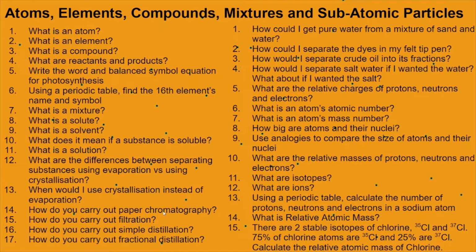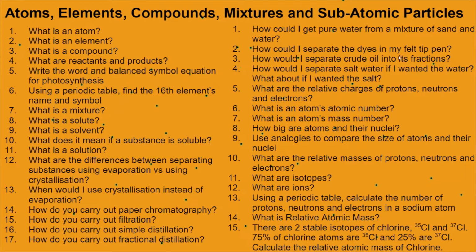Paper chromatography is used to separate lots of solutes from a solution. Filtration is used to separate an insoluble solid from a solution. And simple distillation is used to separate two liquids with different boiling points, or in this case a liquid and a solid if you want the liquid. And fractional distillation separates many different liquids with different boiling points.